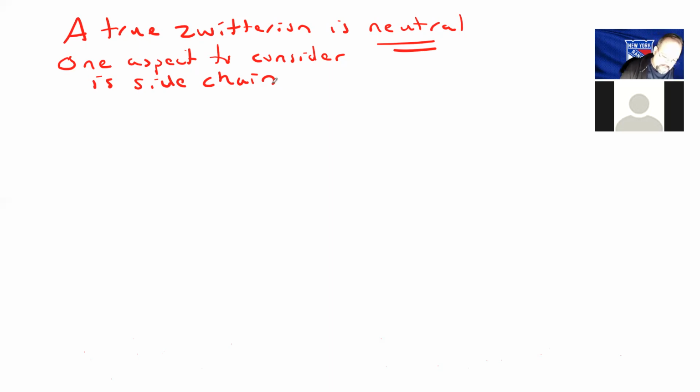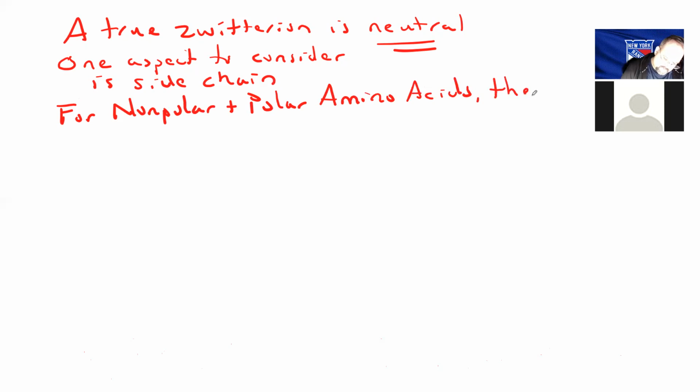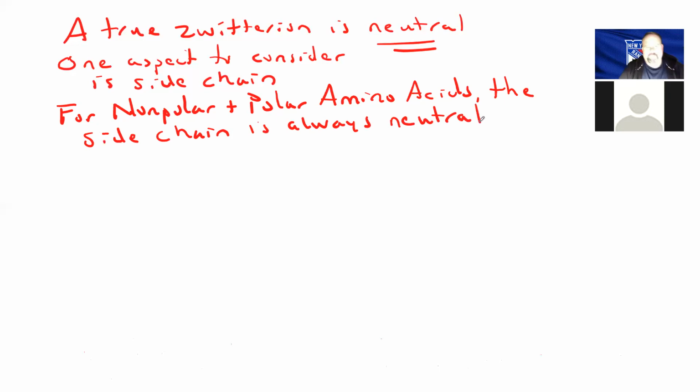So for nonpolar and polar amino acids, the side chain is always neutral. Essentially, no matter what the pH is, the side chain for a nonpolar or a polar amino acid is always going to be neutral.